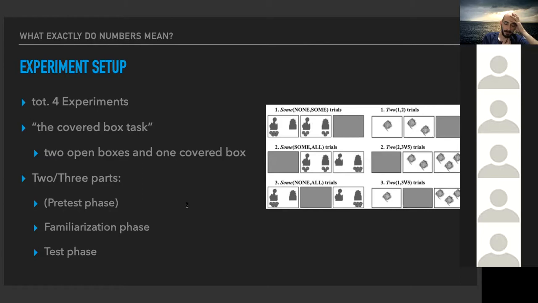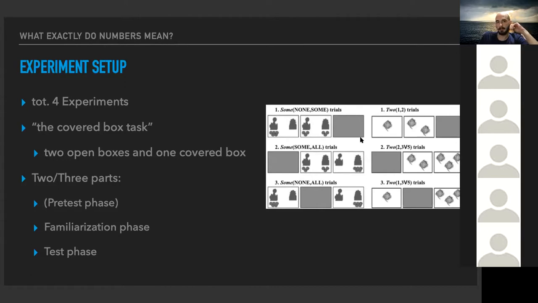The participant is given 3 boxes, like 3 choices, with different contents. And 2 of those boxes are open, so you can see what's inside, and 1 is obviously covered. Then the participants are given the task to choose the correct box, and they can choose either one of the open ones or the covered one.